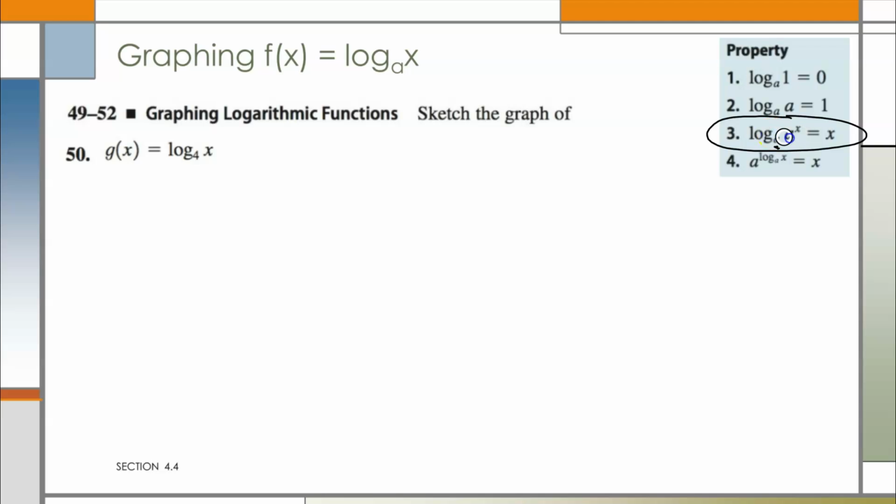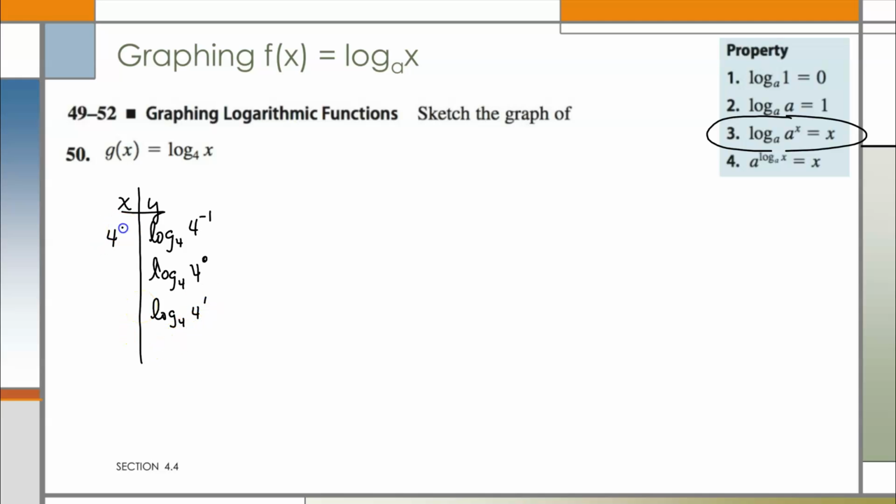That's the property we're going to use for graphing. When I plug in x's, I want to plug in 4 to the negative 1, 4 to the 0, and 4 to the first.